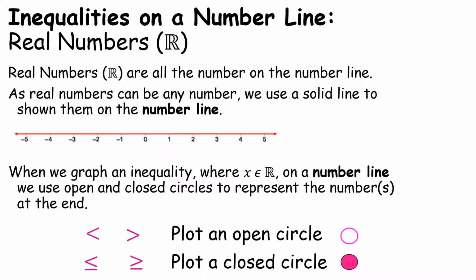So it's important to remember that these two symbols will only appear if we're dealing with real numbers. Real numbers on the graph or on the number line are graphed completely differently to our other two types of numbers, and it is important that you remember to include this open circle when we have no equal to sign and the closed circle when we do.